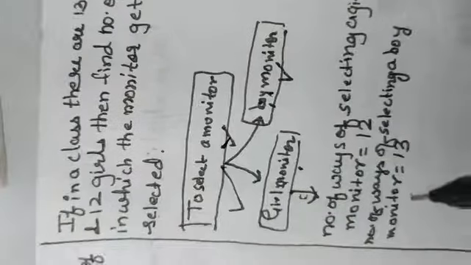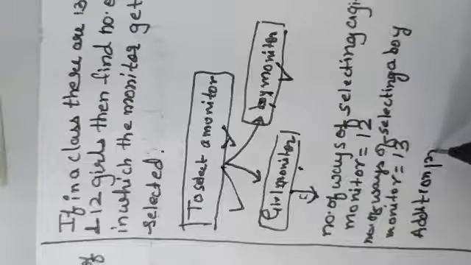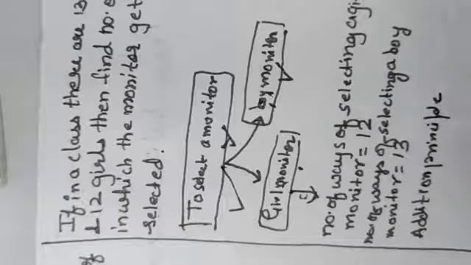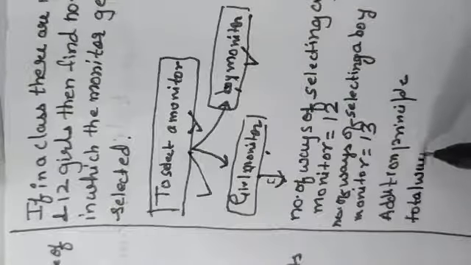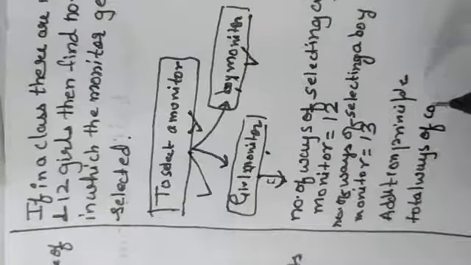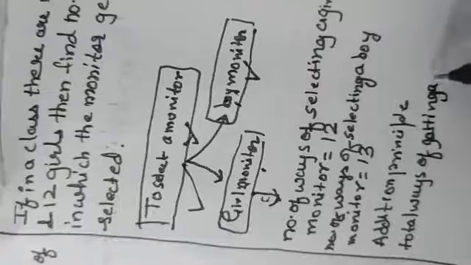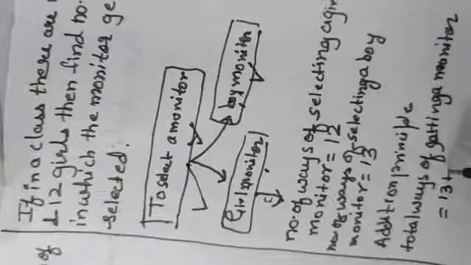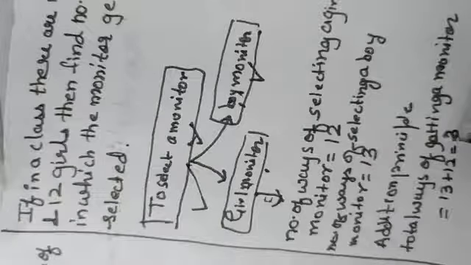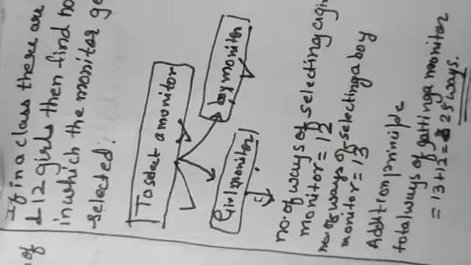That means I have to use the addition principle. And this addition principle says that the total ways of getting a monitor is equal to 13 plus 12, that is 25 ways. It means there are 25 ways.